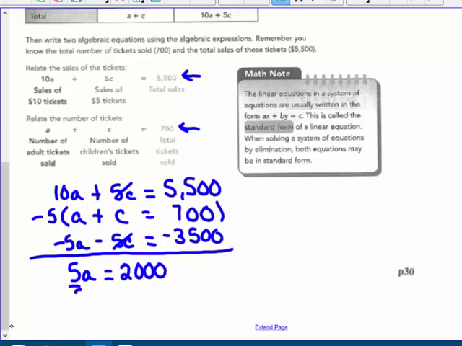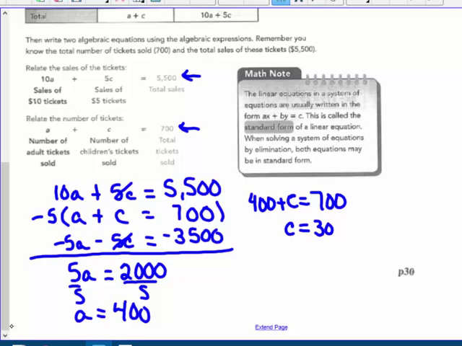And dividing by 5, I get a equals 400. So we sold 400 adult tickets. So 400 plus c equals our 700. I'm using that equation. So obviously c is 300.